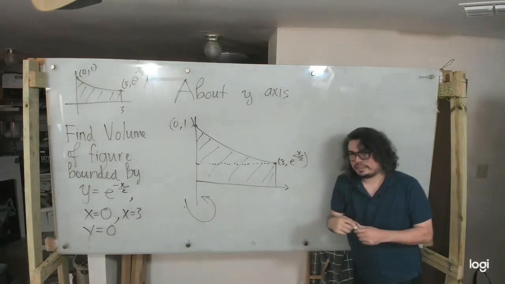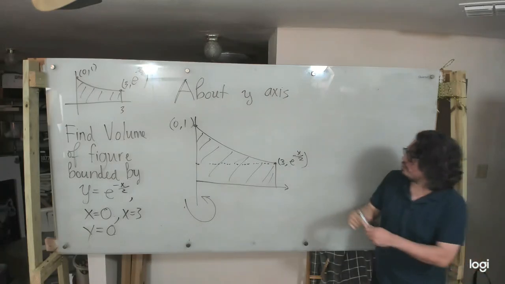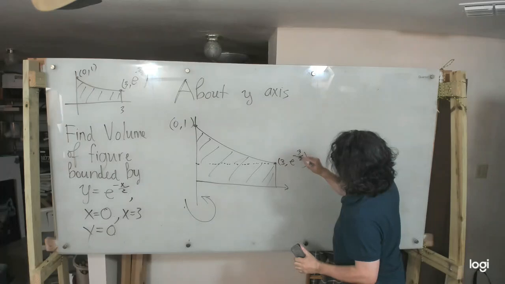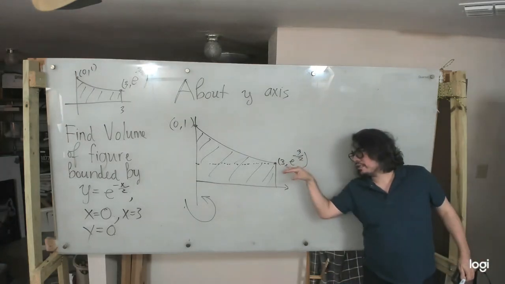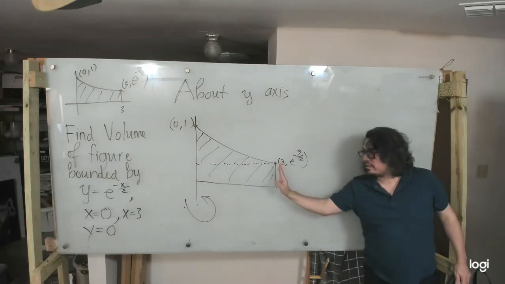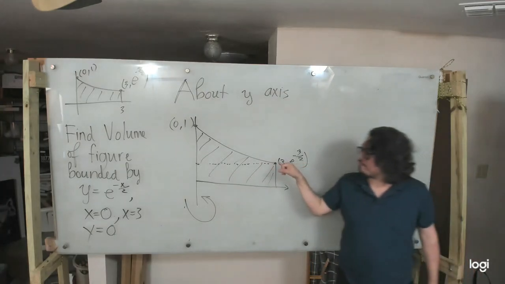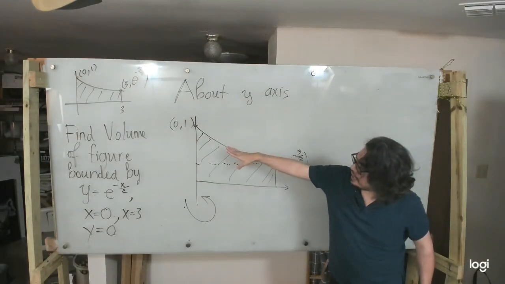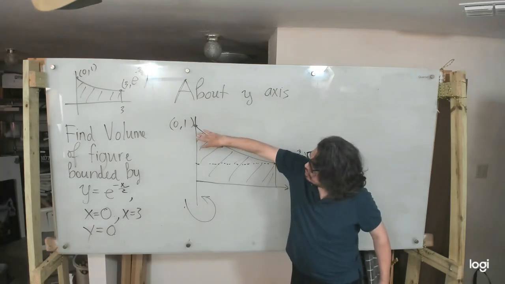From this y value, e to the negative 3 over 2, down, the radius is the same. So in other words, we have a small cylinder here. But then from here all the way to here, the radius is the x coordinate of the value.